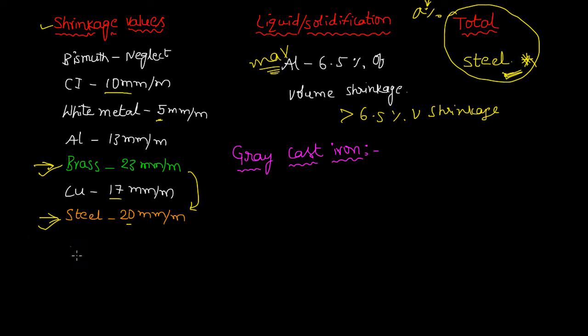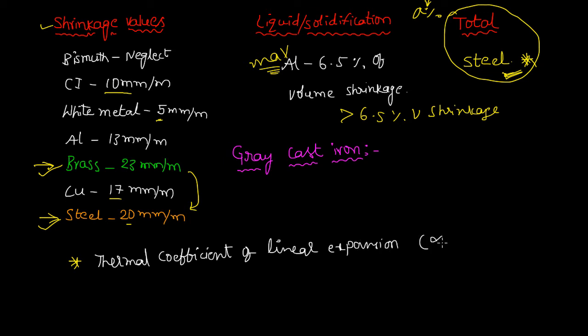For example, in examination, the shrinkage value of steel or some material is not given. Then what do you do? Then he must give the thermal coefficient of linear expansion. That is nothing but alpha.